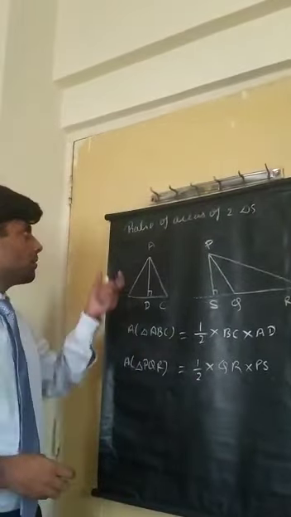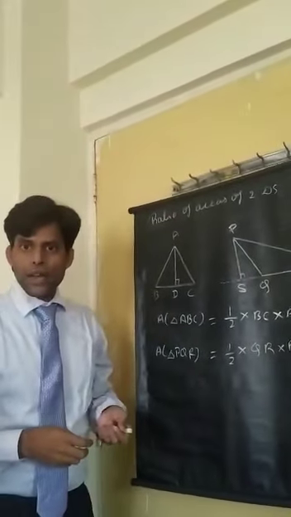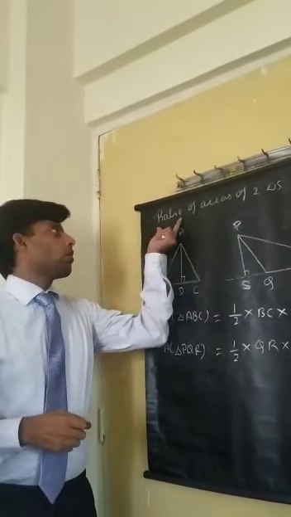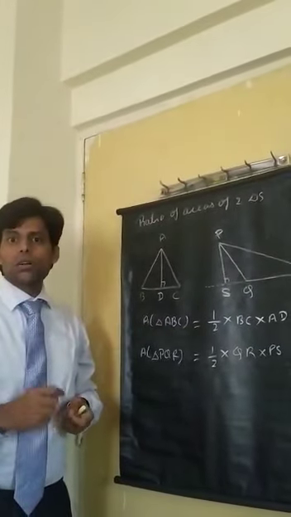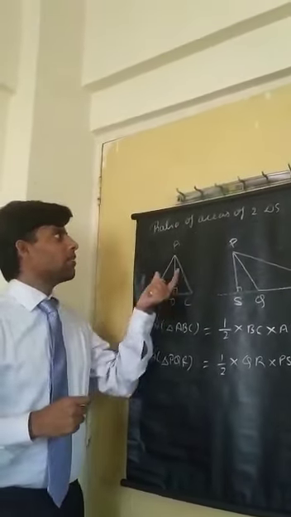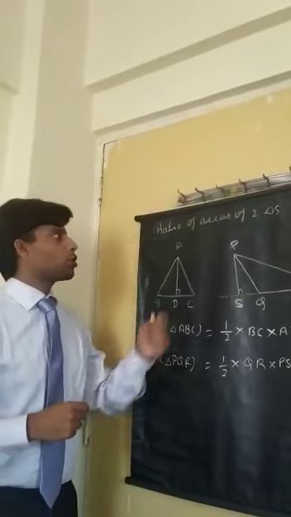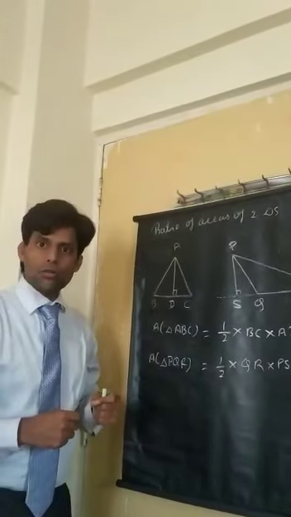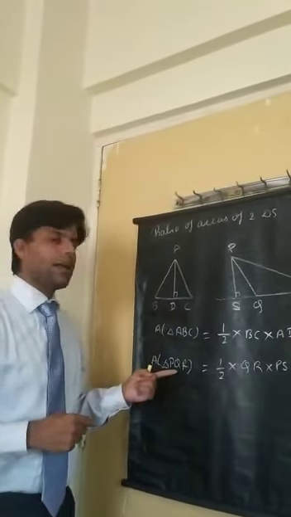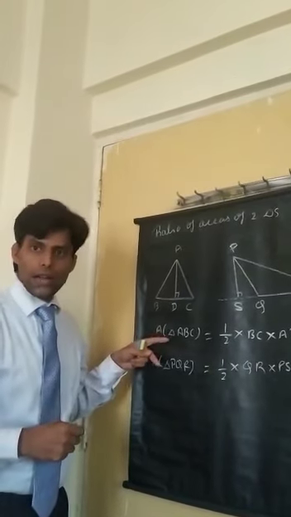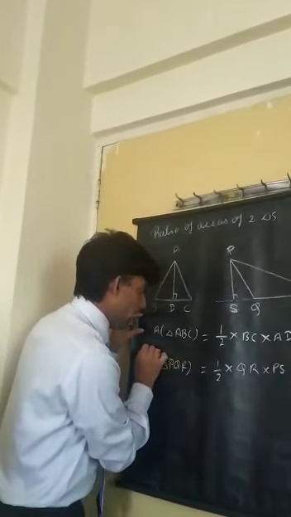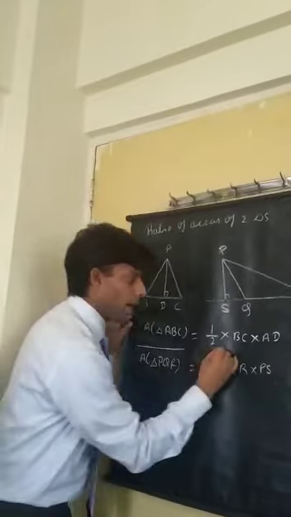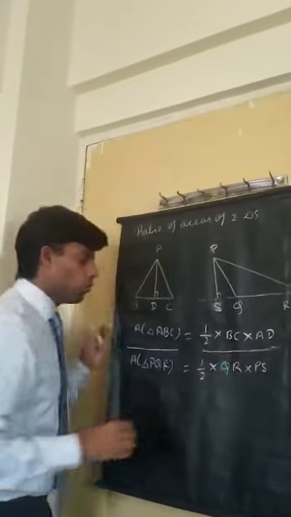Now students, as we had discussed the ratio of areas of two triangles, now let us understand ratio. Ratio means something upon something. That means we are actually going to find out the proportion, the ratio, of the areas of two triangles. For that we need to divide the areas of the two triangles. So if we divide area of triangle ABC by area of triangle PQR, what do we see?